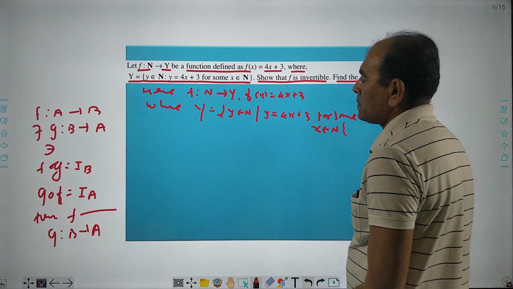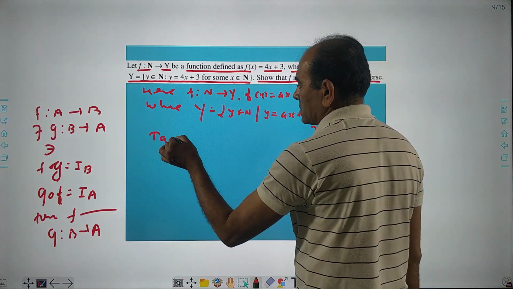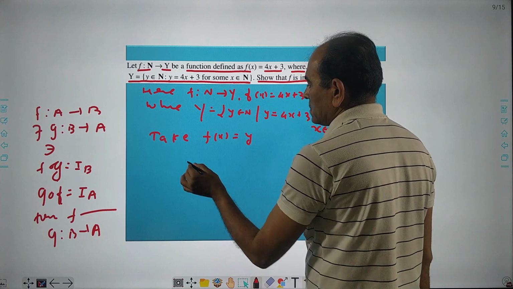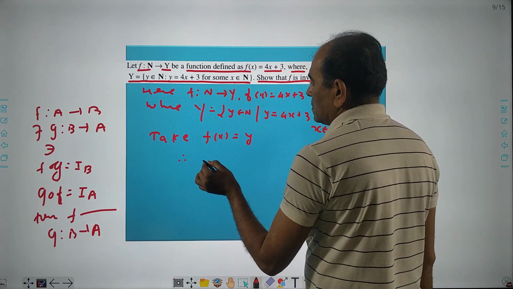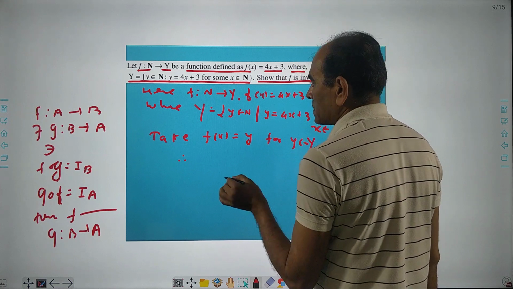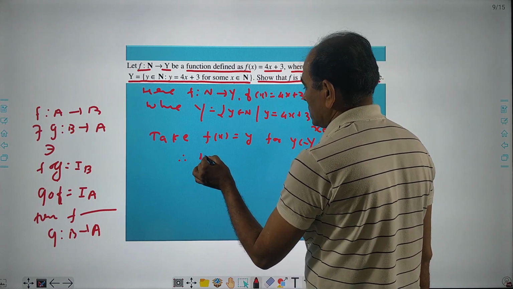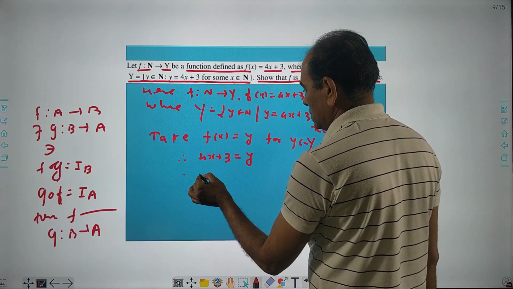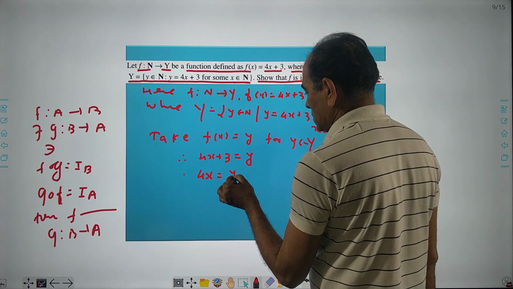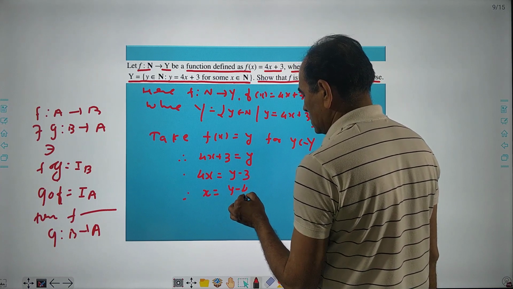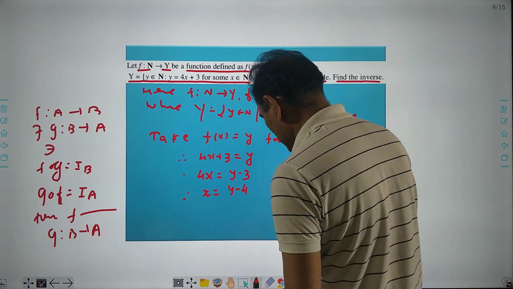Clear? Now take f of x is equal to y, so for y belongs to Y. So therefore 4x plus 3 is equal to y, and therefore 4x is equal to y minus 3, and therefore x is equal to (y minus 3) by 4.